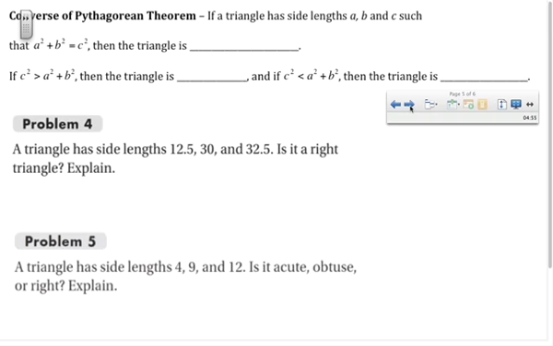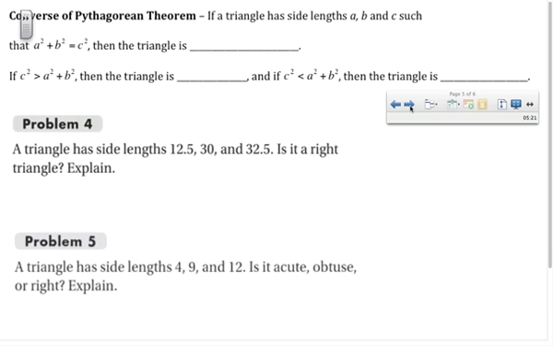Okay, the Pythagorean theorem has a converse, of course, that we can use to determine what kind of triangle we're looking at based on the lengths of its sides. Let's rehash what the Pythagorean theorem says.